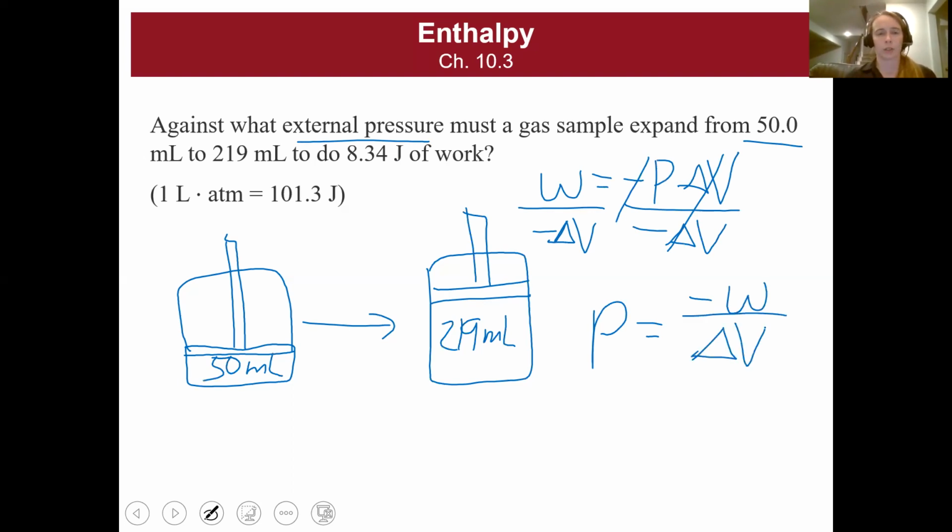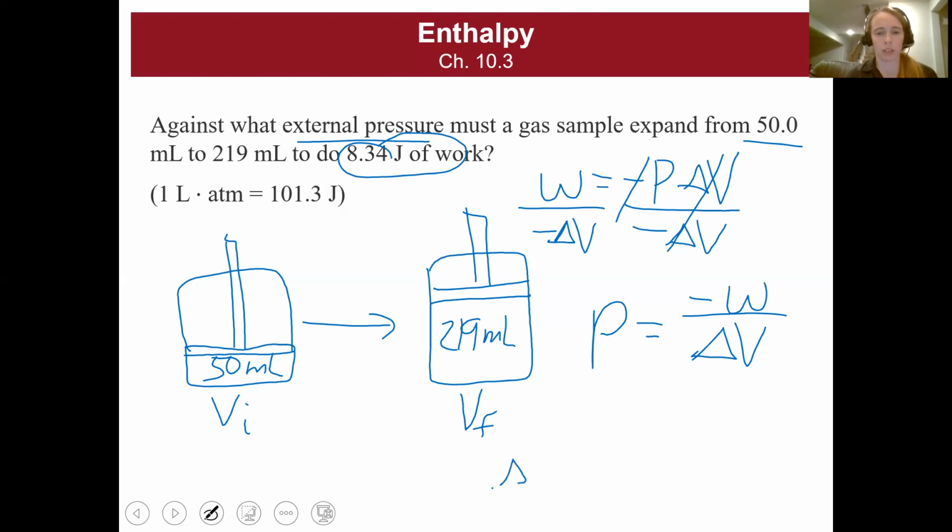All right, so we have W. W is 8.34 joules of work. And let's see, what do we have for delta V? Our delta V is going from 50.0 milliliters to 219 milliliters. So this is V final, and this is V initial.